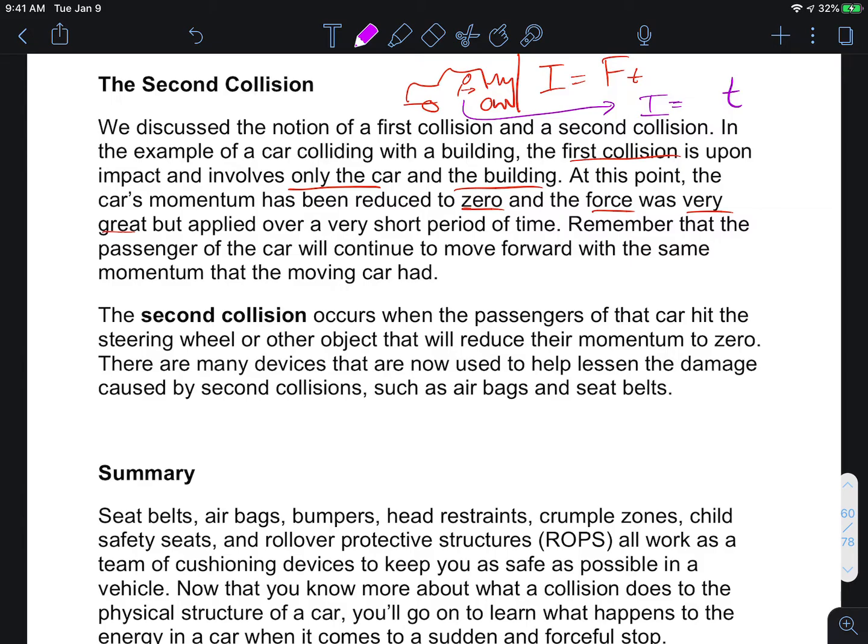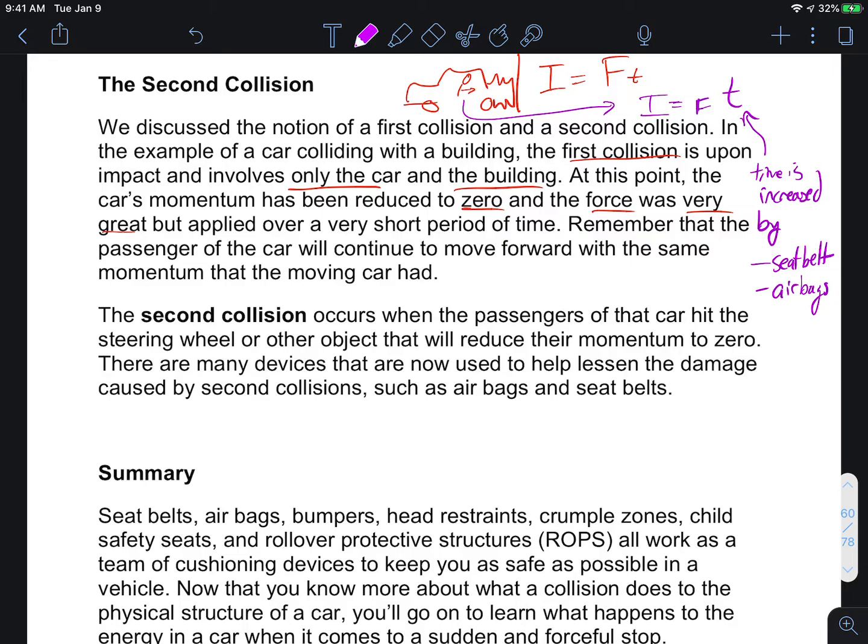So in this way, the force becomes smaller on the person because the time is increased by the seatbelt, by the airbag. Airbag does the same thing.